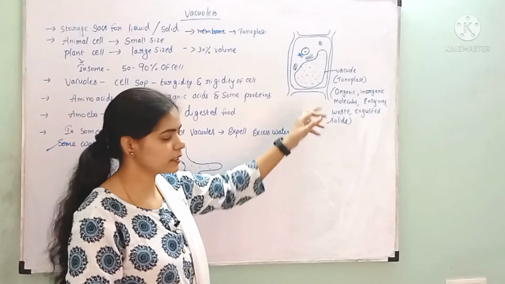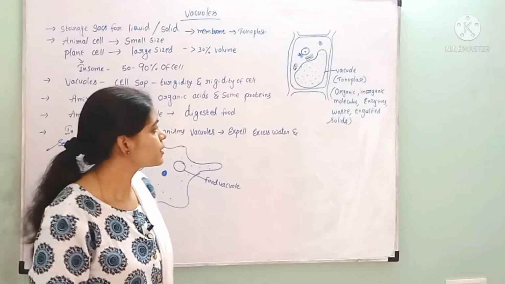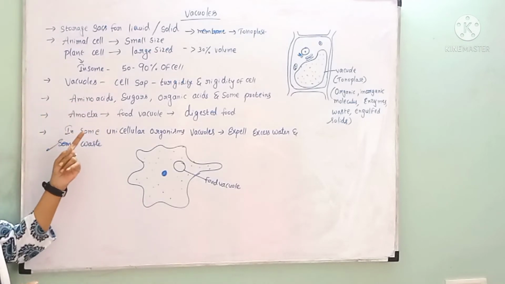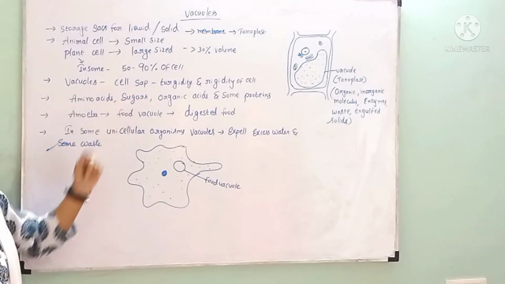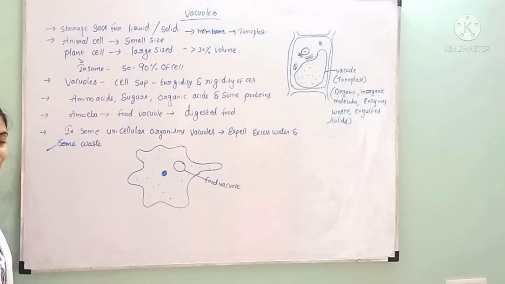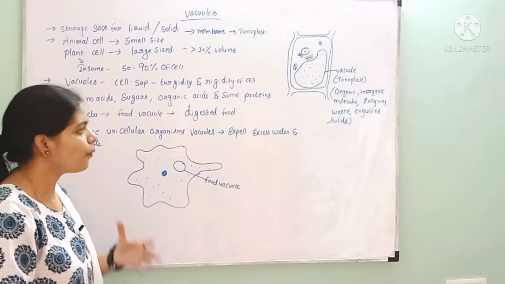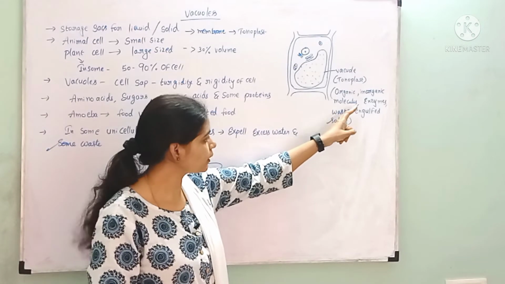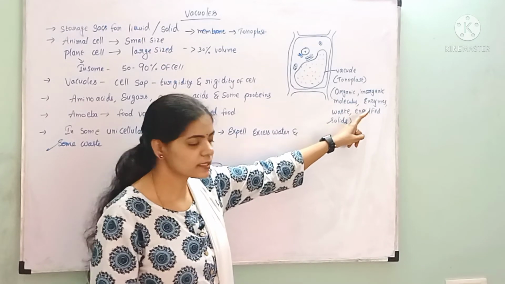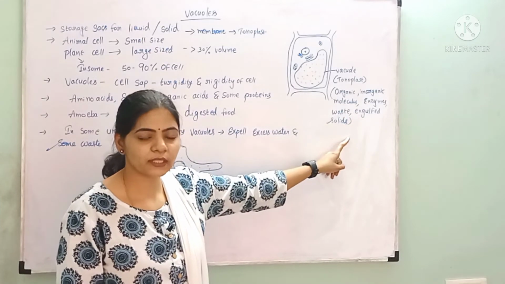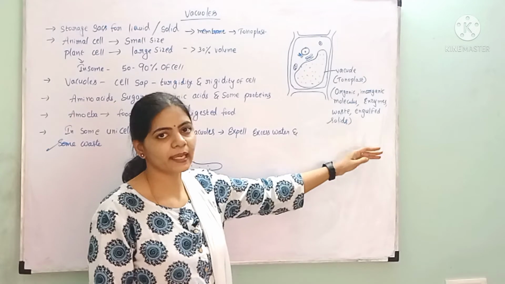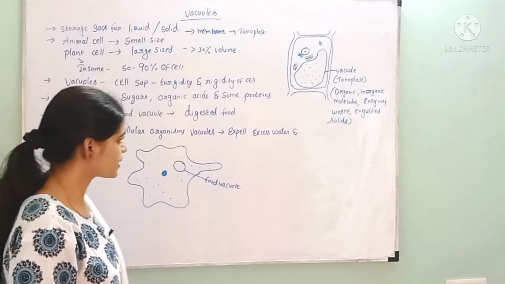So the fluid content inside the vacuole is called cell sap, which consists of water, organic and inorganic molecules, several enzymes, waste materials, and some engulfed solids.